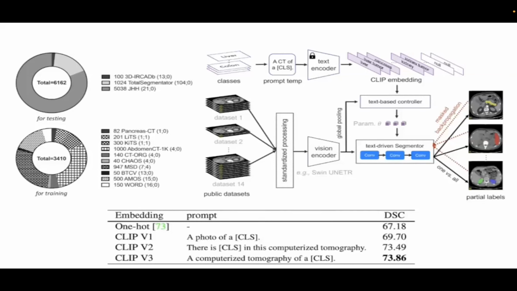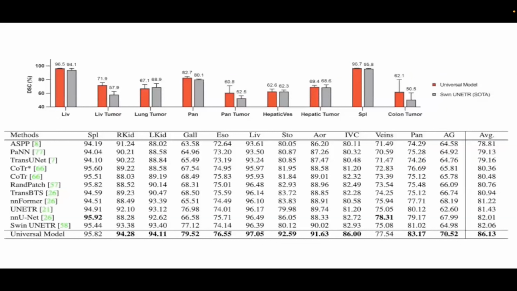Now beginning to look at some initial results from segmentation, we compare the universal model against Swin UNETR, and we can see that over a variety of sites, the universal model does outperform this SOTA model substantially. However, this isn't the case in all instances.